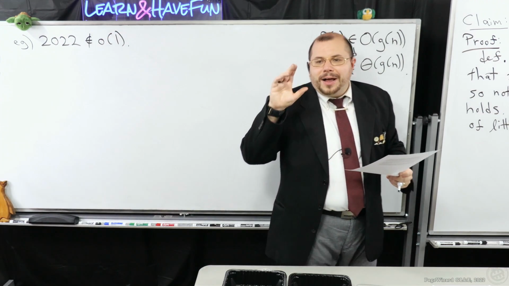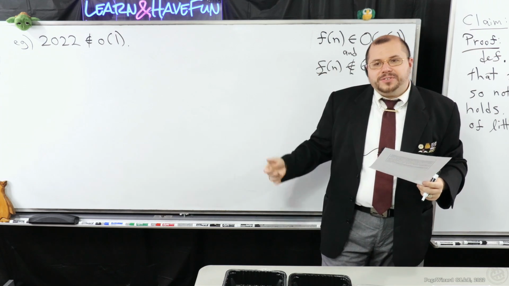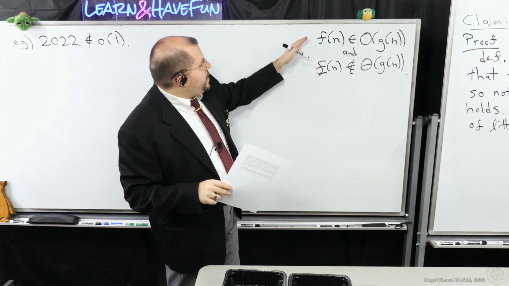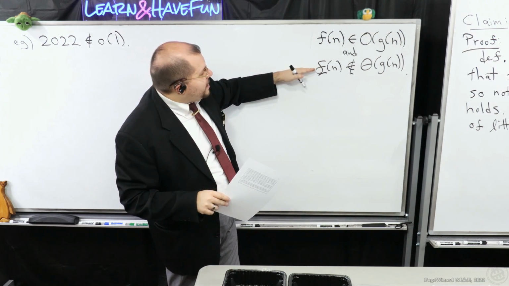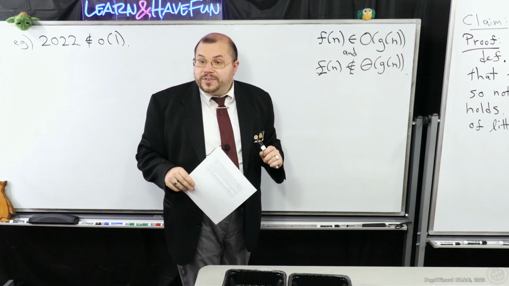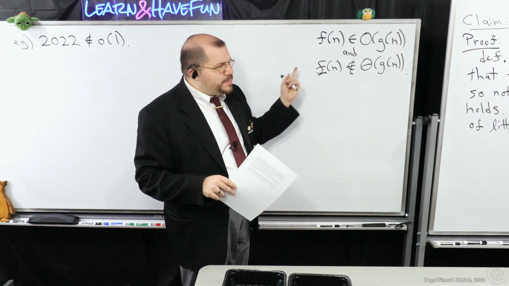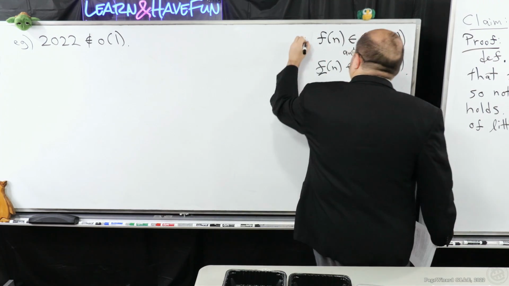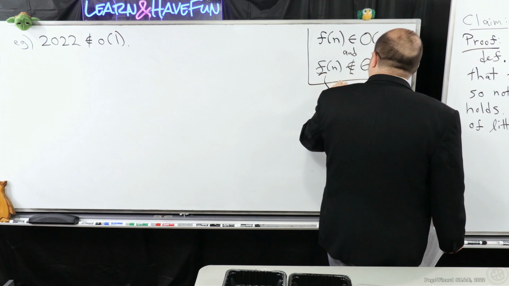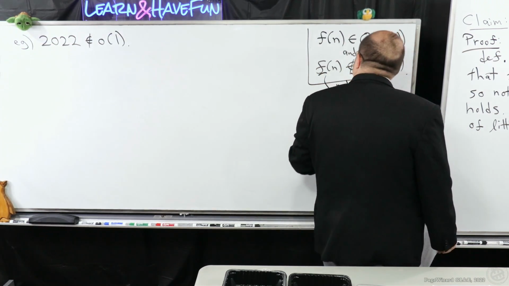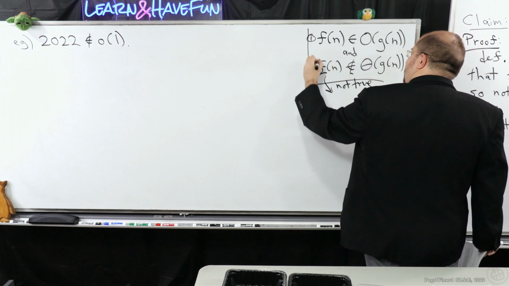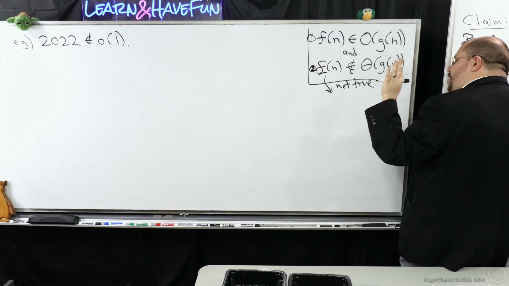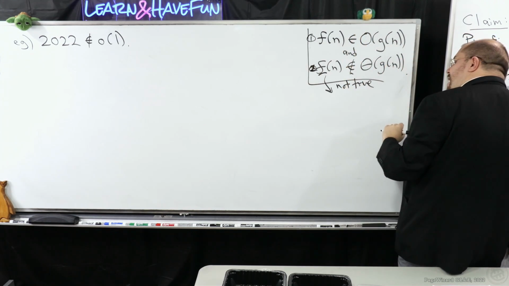The reason why I like to show at least a couple of ways you can define little o is that when you think of this simpler one where you have f is big O of g and f is not big theta of g, what does it mean for this not to be true? Remember, this means that both of these are satisfied. So if I number these 1 and 2, if I want to satisfy the little o definition, it has to be that it satisfies both 1 and 2.